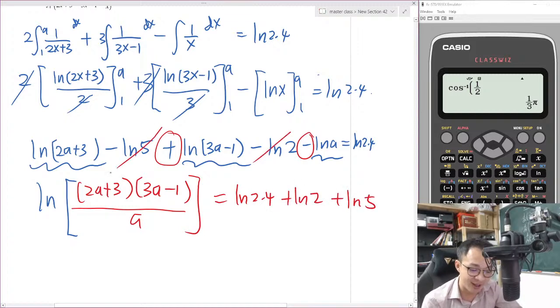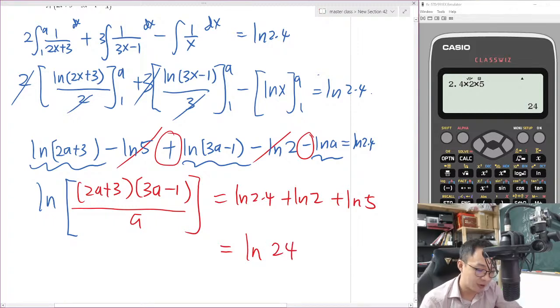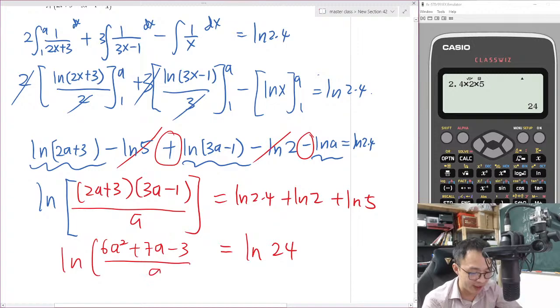So plus basically means multiply. So this is 2.4 multiply 2 multiply 5. So it's ln 24. Alright, so here I will just expand it. So I have 6a squared minus 2a, 9a minus 3, over a.